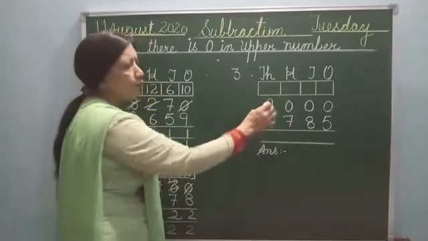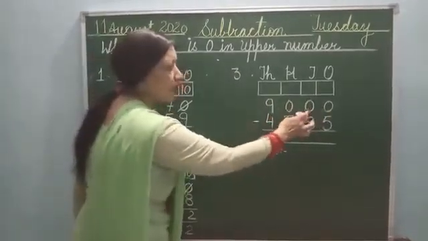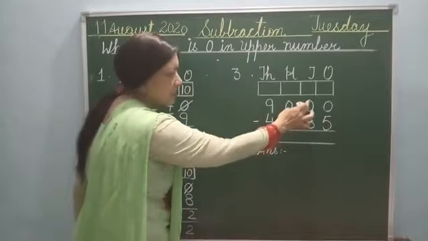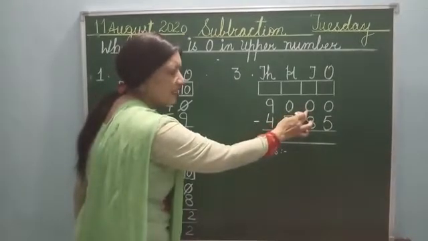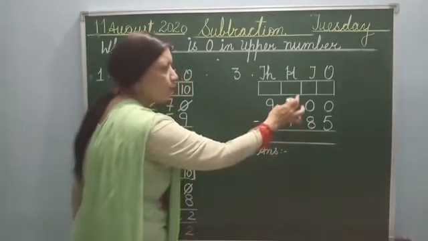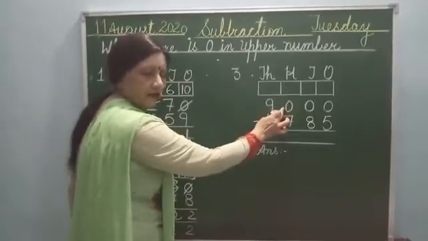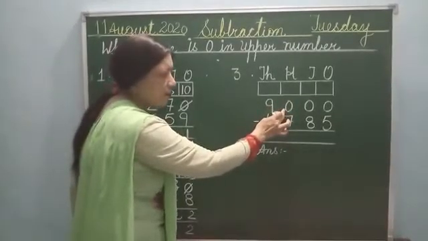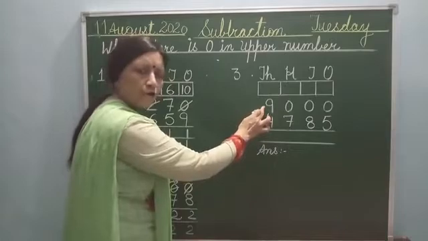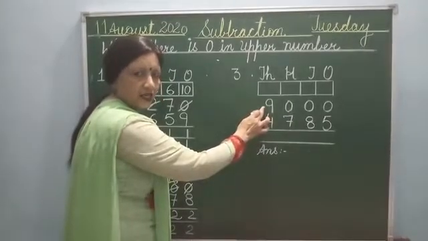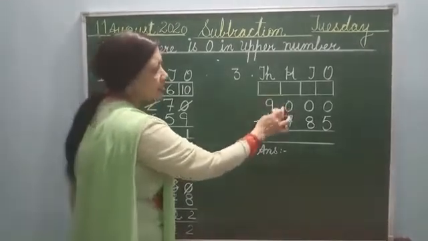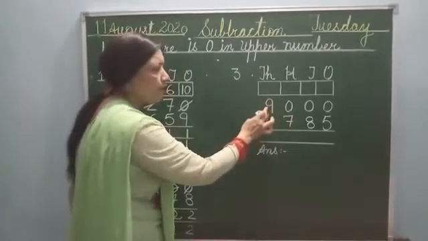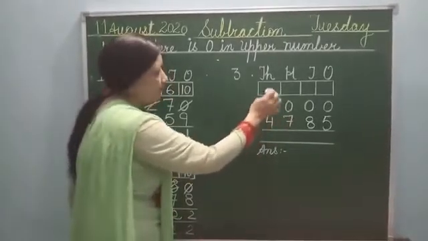Now what will happen? First 0 will borrow 1 from next. This digit 0 doesn't have any number, so it will borrow from third. Again third doesn't have any number, so it will borrow from the fourth digit. Is it clear beta? This third digit will borrow 1 from 9,000s.